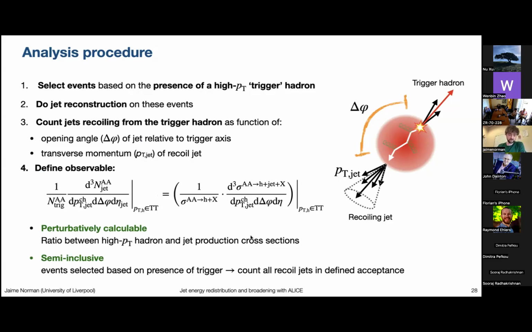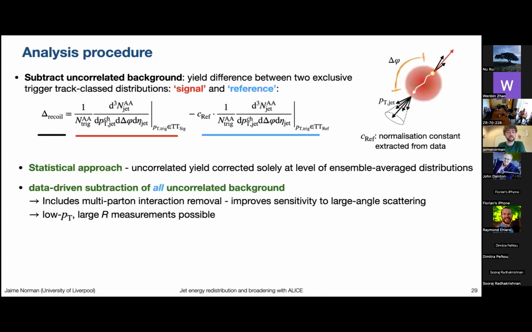The analysis is done in a semi-inclusive way, so events are selected purely based on the presence of this high pT trigger, and we count all of the recoil jets in the defined acceptance, which is crucial for the next step of the analysis.